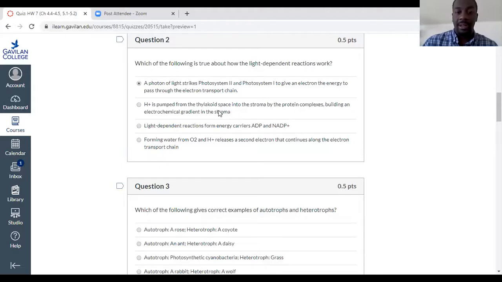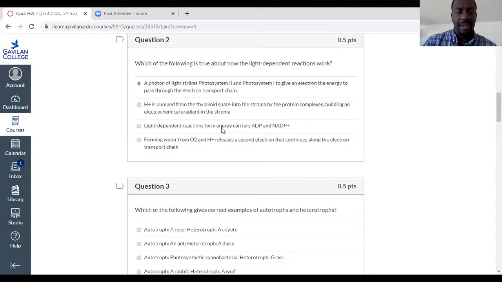That electrochemical gradient doesn't develop inside the stroma. The electrochemical gradient develops inside the thylakoid space. Those hydrogen ions are moving from the stroma into the thylakoid space, where that gradient is going to develop. Cool, so that's what's wrong with B.